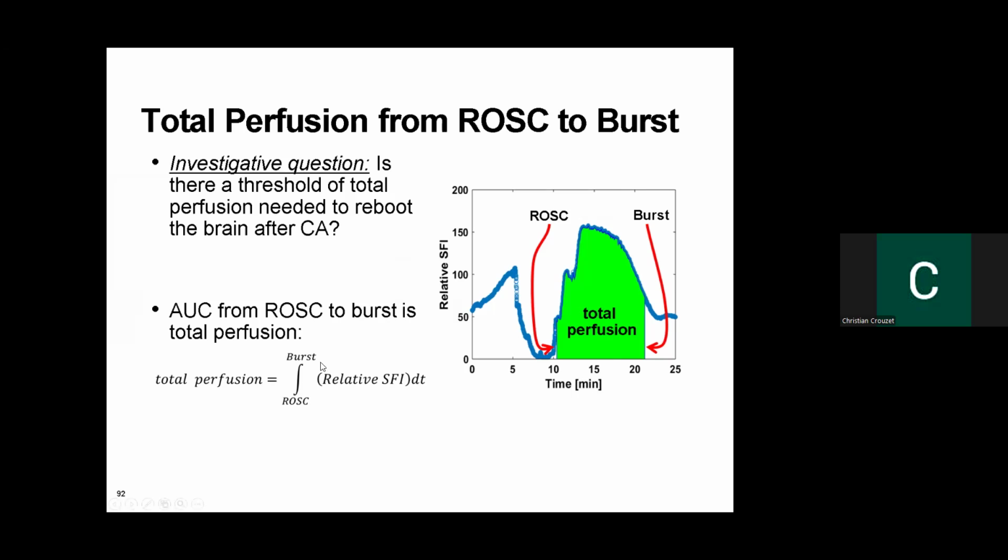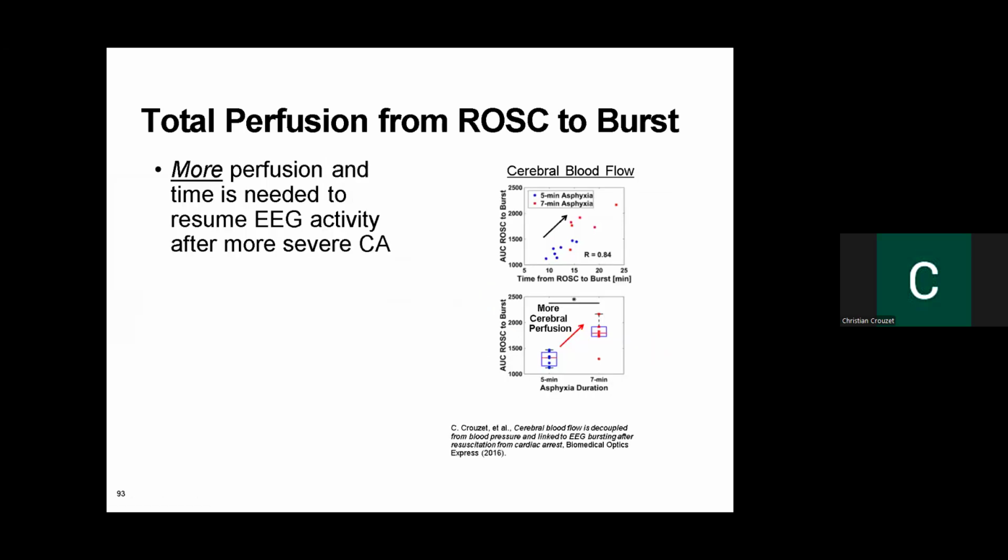So basically the integral from ROSC to the burst of the blood flow signal. And what we did see was that the longer the time from resuscitation to the starting of brain electrical activity, the more perfusion was needed. And if we increase the amount of time the ventilator was off, so a longer period of cardiac arrest, also more perfusion was needed.